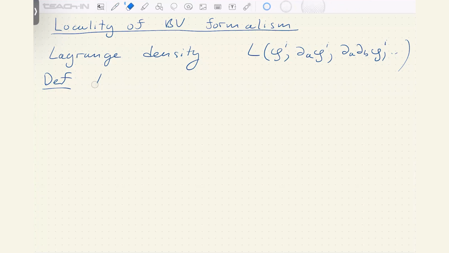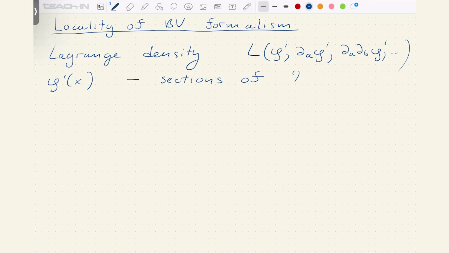Let's make it a bit more geometrical. When we are talking about fields phi I of x, geometrically we think of them as sections of a fiber bundle F over our space-time. So X is space-time, and fibers of F are, let's say, target space.